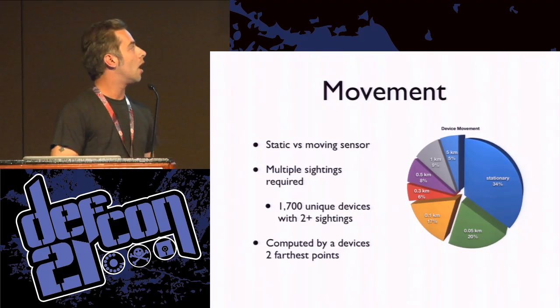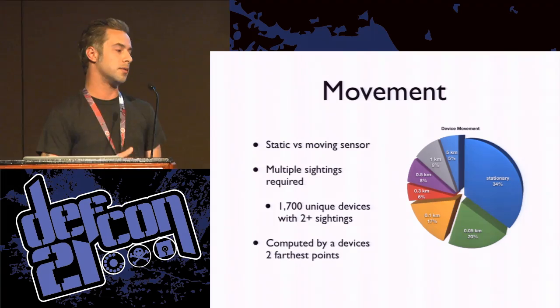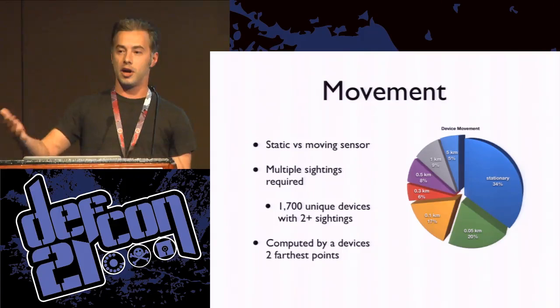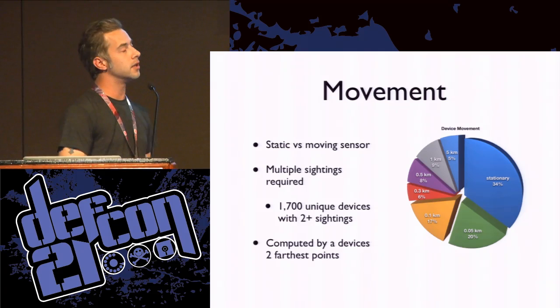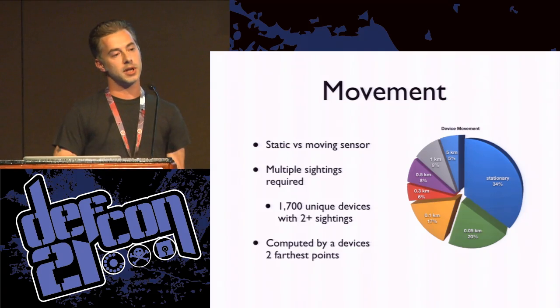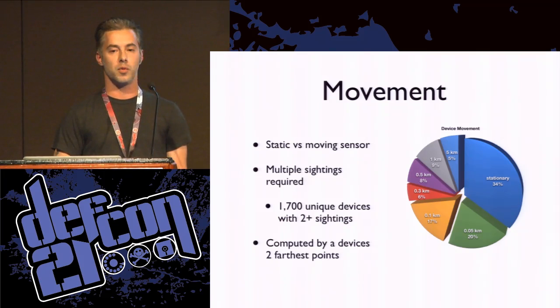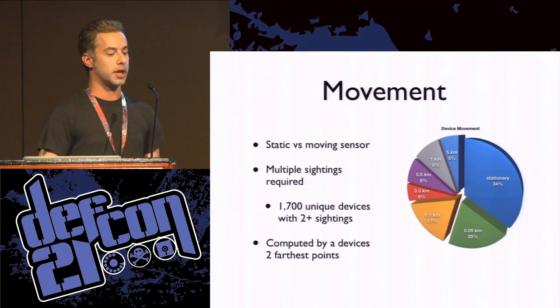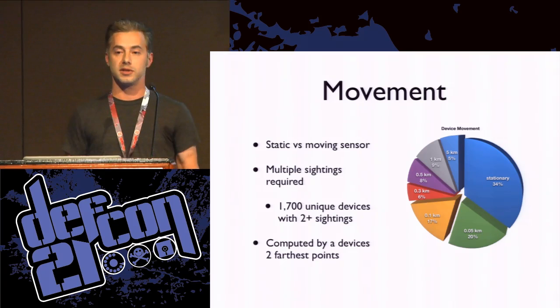So it's moving. With my survey, it was a little different. I was the moving device, so it's really hard for me to determine, am I seeing a moving device on the other side? In order to do this, I would have to see a device more than once, so I need 2 or more sightings, and I would take the 2 farthest geolocation points for that device in order to correlate and bucket it into how much this device actually moves.